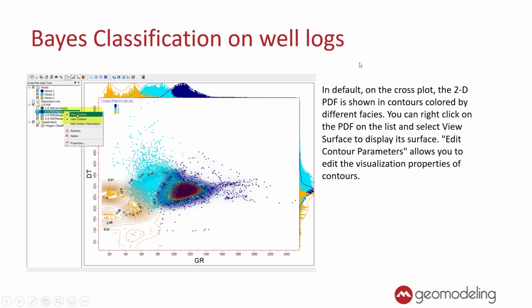By default, on the crossplot, the 2D PDF is shown in contours colored by different facies. You can right-click on the PDF on the list and select View Surface to display its surface. Edit contour parameters allows you to edit the visualization properties of contours.